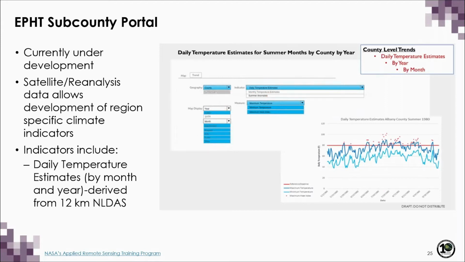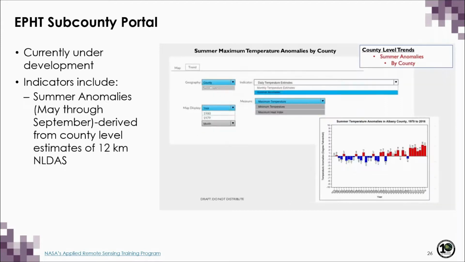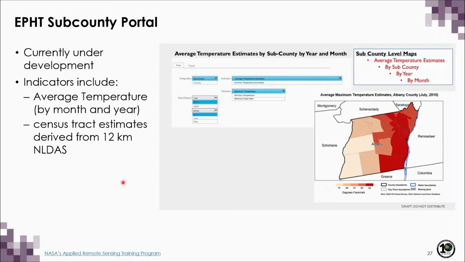And then there are drop-down menus that you could use to choose some of these indicators. Again, this is a summer anomaly chart that you can generate for your county and for specific years, and then all of the data associated with these would be available for download as well.